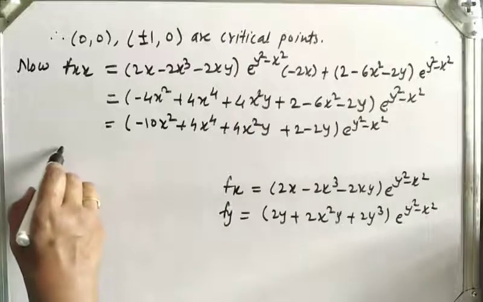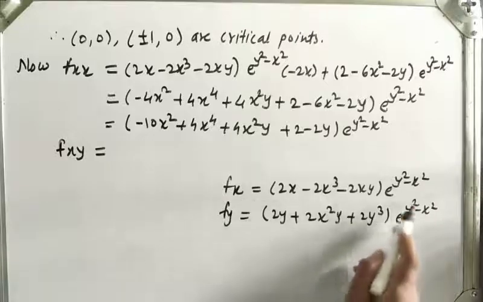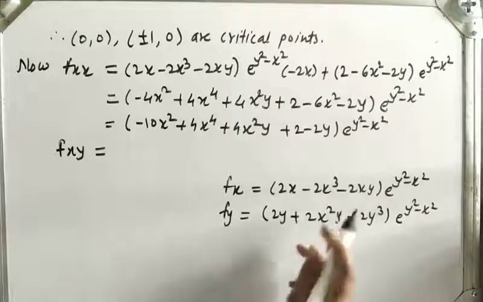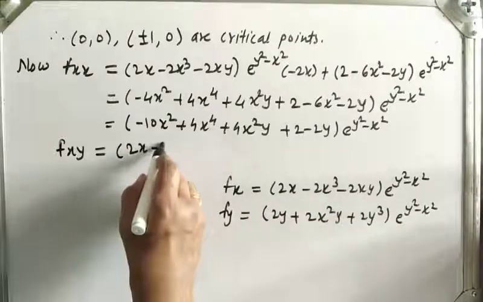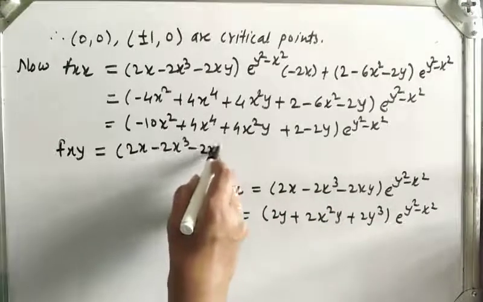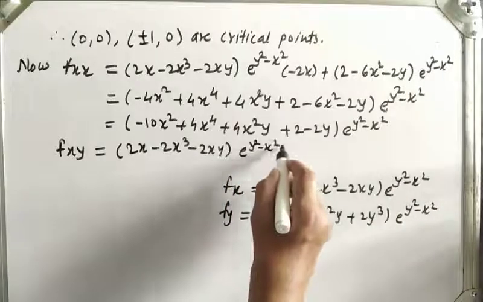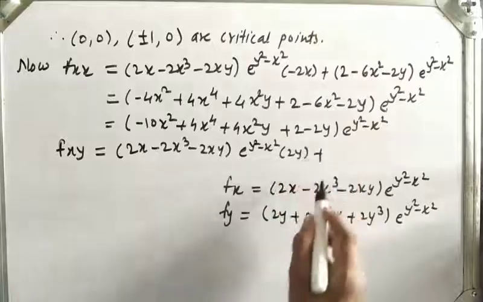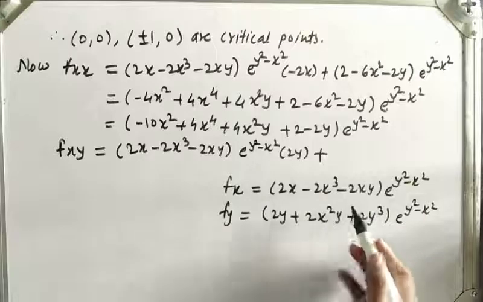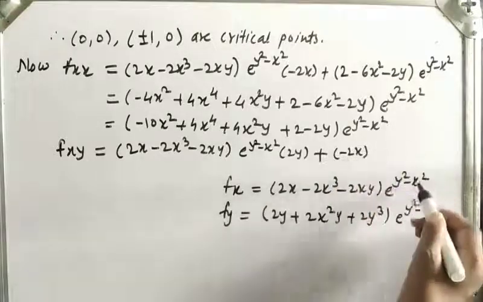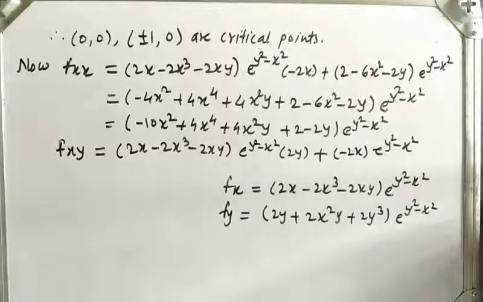Then fxy, that is the derivative of fx with respect to y. Use the u into v rule. Keep this first bracket as it is, times the derivative of e^(y² − x²) with respect to y, plus the derivative of this bracket with respect to y, which will be −2x, into e^(y² − x²) as it is.